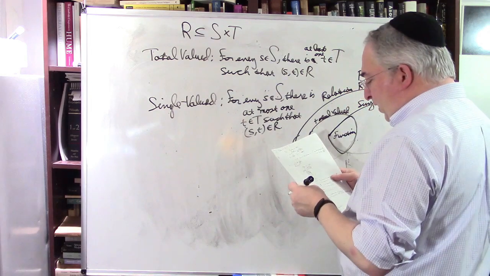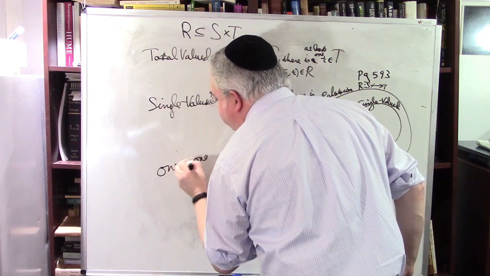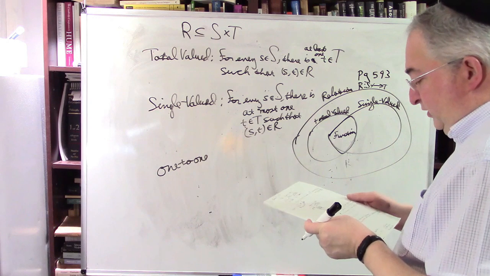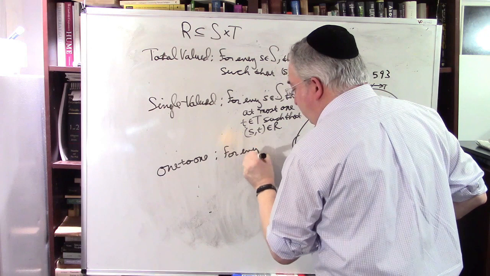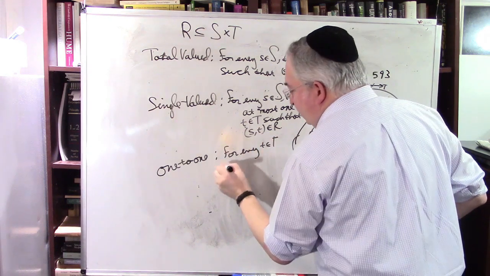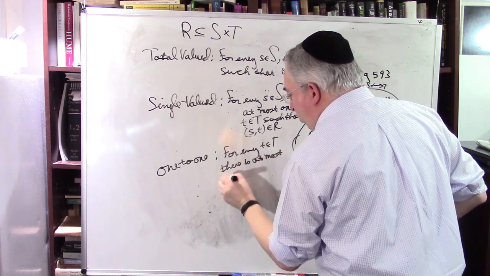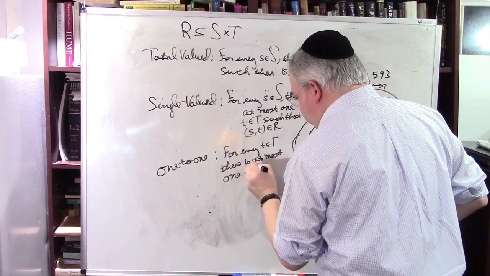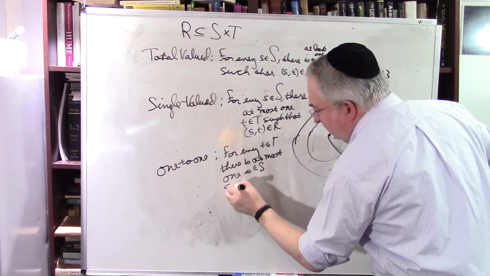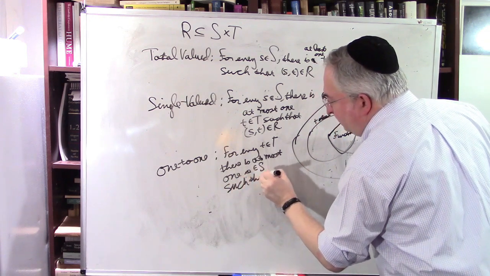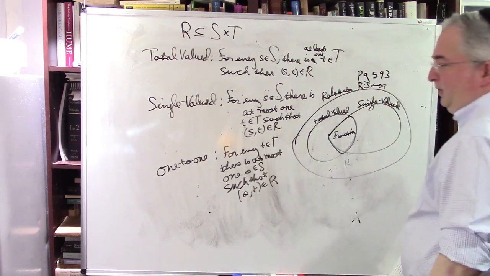Okay, two more properties. One is 1 to 1. We saw this before when talking about sets, so let's just say what that is. It says for every t member of T, there is at most one s member of S such that (s, t) is a member of R. So that's 1 to 1.